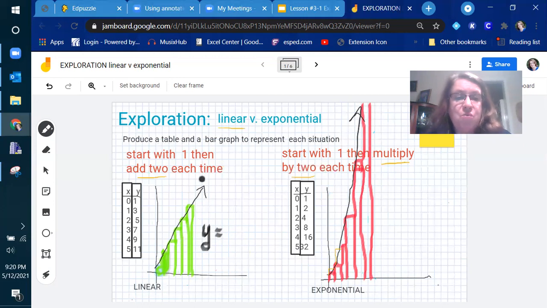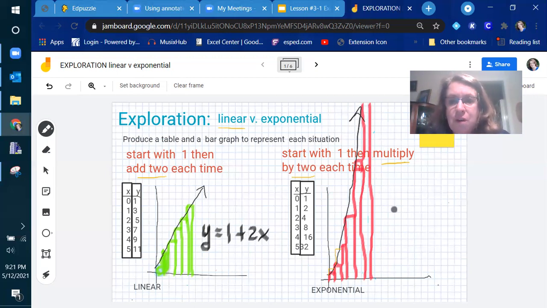And what did this one start with? Over here on this one, I started with a 1, so I'm going to start with a 1. And then I'm going to add 2 each time. At each x, each time I go to a new x, I'm going to add 2. So I'm adding 2, adding 2, adding 2. And when you add over and over, that's the same thing as multiplication. And I'll talk about that in a minute.